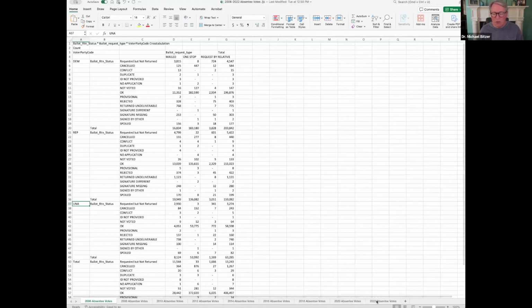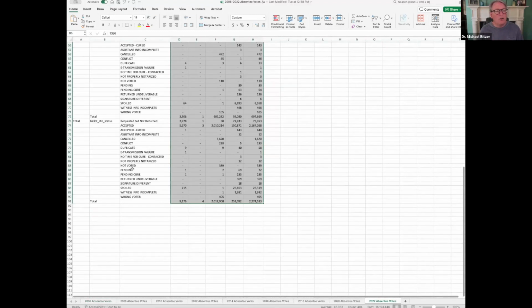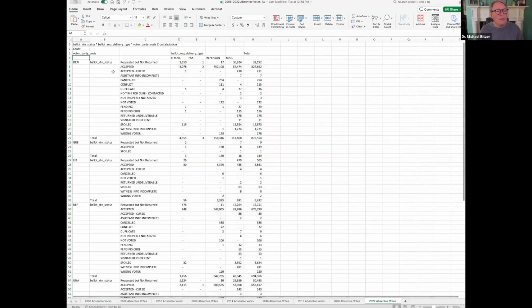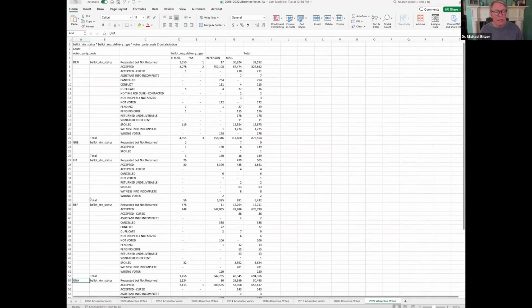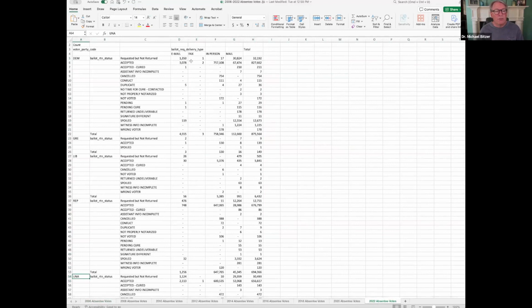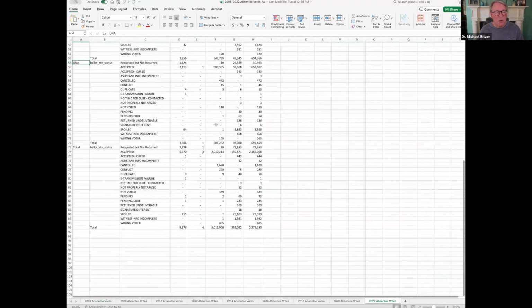If you go to the most recent election, 2022, you'll see Democrat, Green Party, Libertarian, Republican, and unaffiliated, and all of the numbers underneath each of the categories. So this is just the raw data.